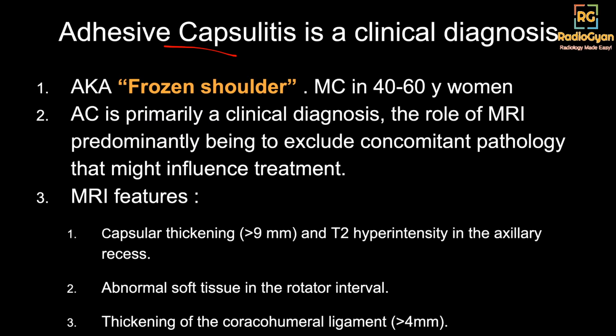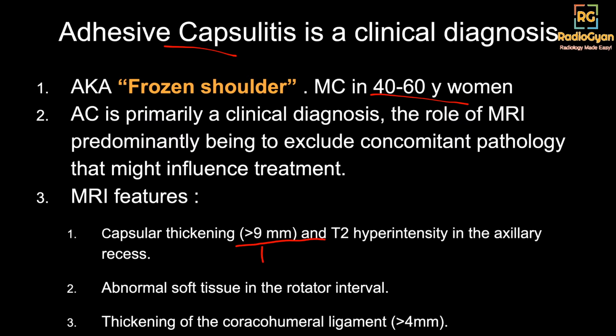You may have a disc causing a large, severe compression, but the patient might be completely asymptomatic. Frozen shoulder is one of those diagnoses where it's a clinical diagnosis, and the role of imaging is just to rule out other causes. Most commonly we see it in 40 to 60-year-old females, and the diagnostic criterion is capsular thickening.